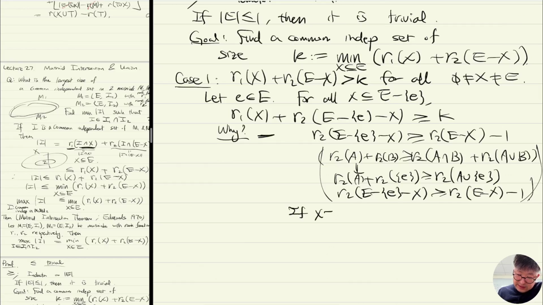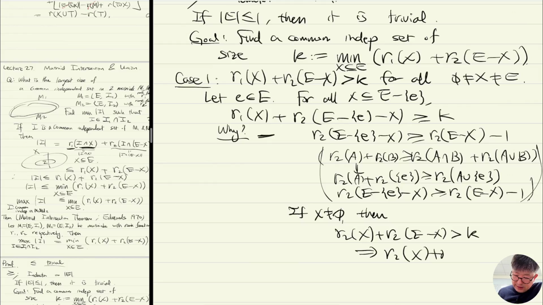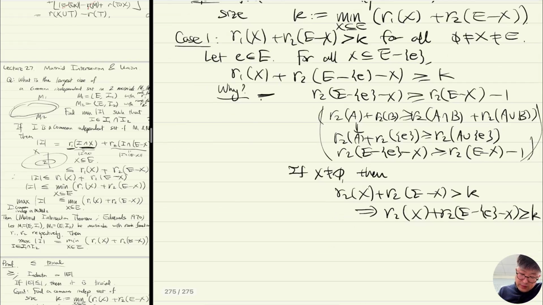So if X is non-empty, then I know that this is bigger than K. So that implies that this is at least K. What happens if X is empty? If X is empty, then we use this inequality.